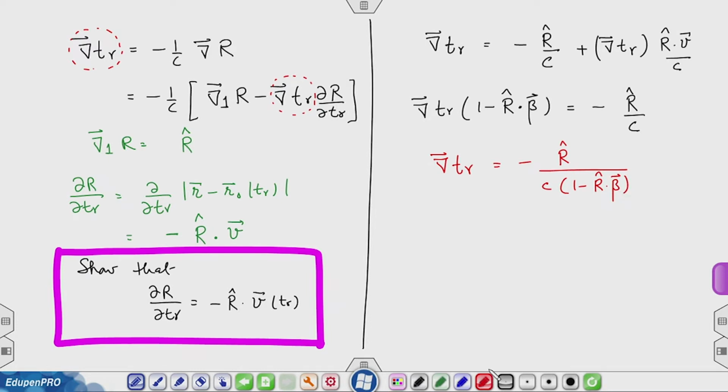If I multiply this by R over R, in the numerator and the denominator, this becomes minus R vector divided by C S. So, you found what grad of TR is. Grad of TR is equal to minus R over CS.